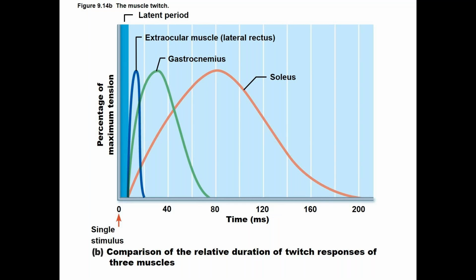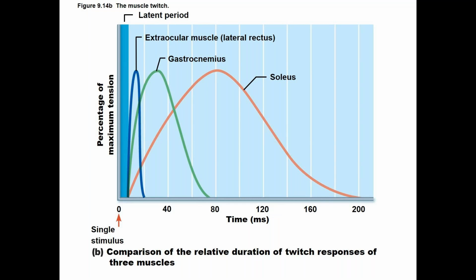Gastrocnemius is the muscle you use when you walk, when you run, when you jump. So for high intensity kinds of activity. Soleus is the muscle that maintains your posture. So gastrocnemius, because it has that high intensity, rapid kind of activity we want out of it, has a relatively fast twitch.